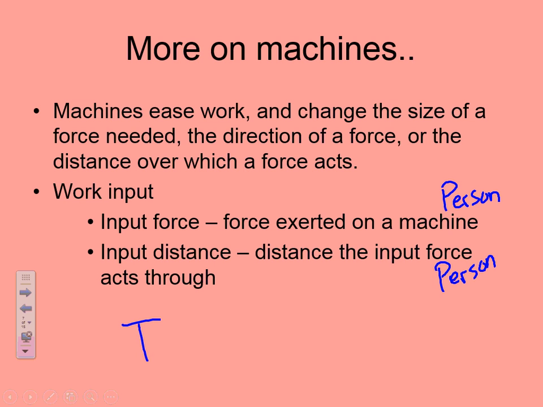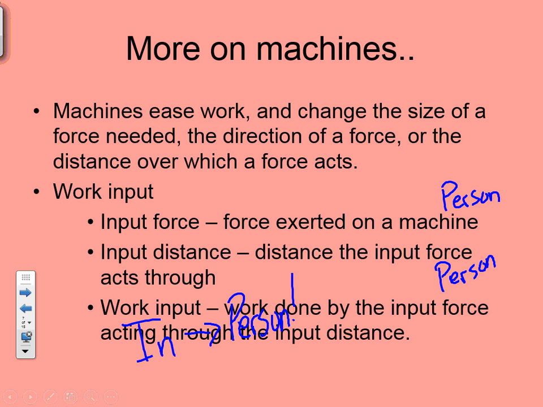Pretty much in is the person. We're going to clarify that as you are the in person. Typically when you use a machine, it's you and the machine. Work input is the work that you put in, so that's the force times the distance.